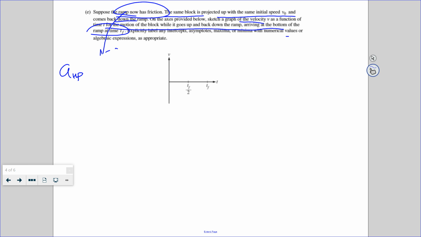On the way up, it's going to be more negative than minus g sine theta because it's accelerating down. And then when you're going down, it's going to be greater, more positive, less negative than minus g sine theta because it's trying to fall down. It's going that way. So I should be extra steep.